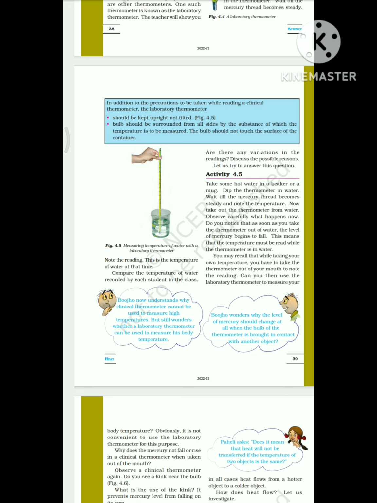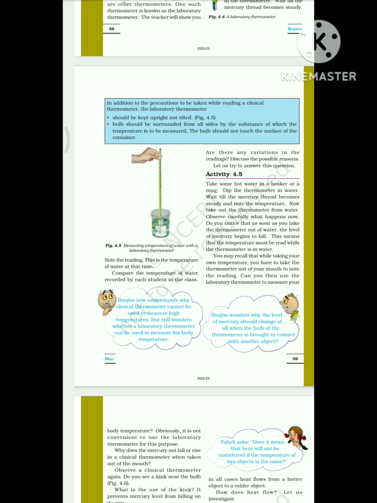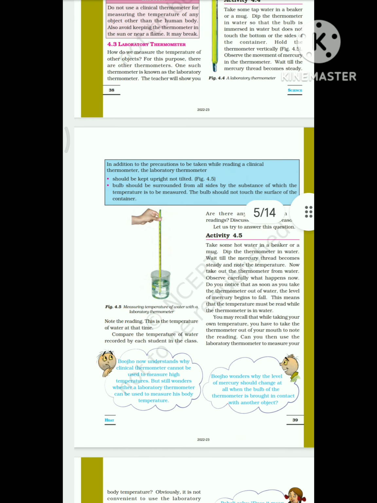Then the next activity, 4.5. Take some hot water in a beaker or a mug. Dip the thermometer in water. Wait till the mercury thread becomes steady and note the temperature.